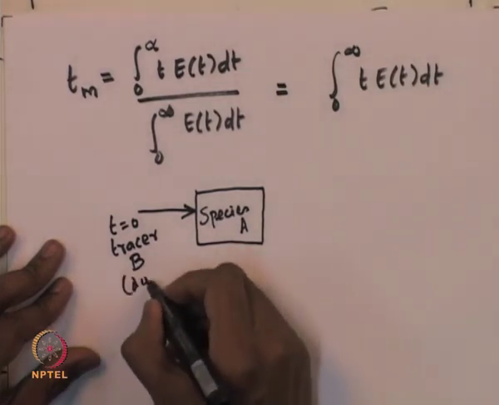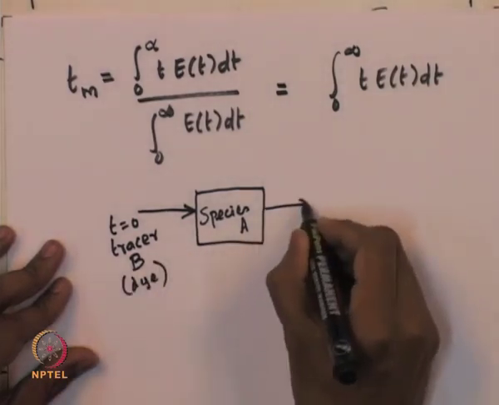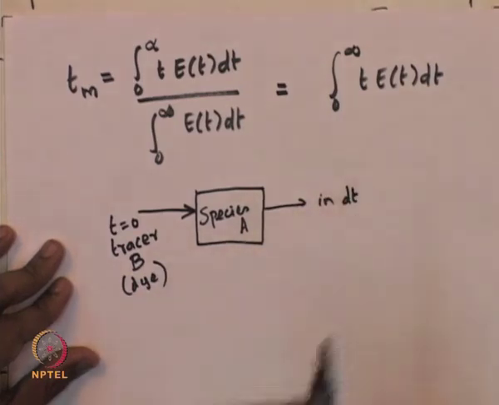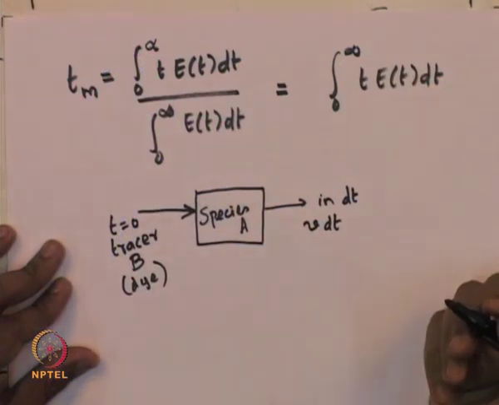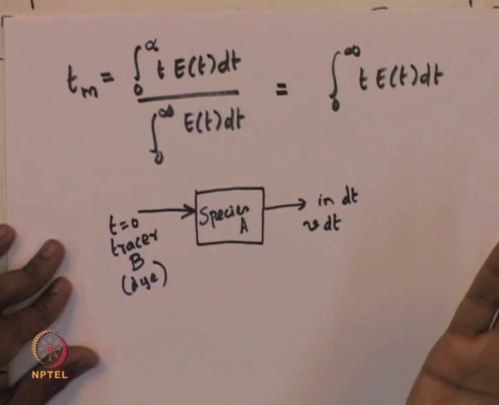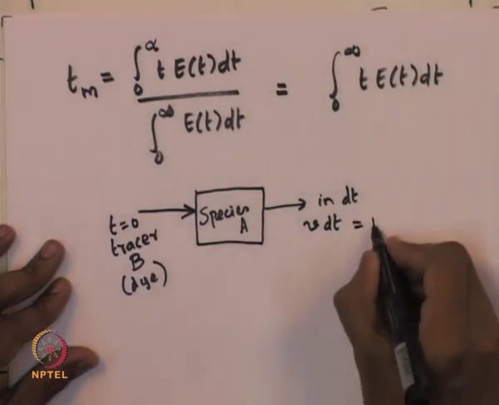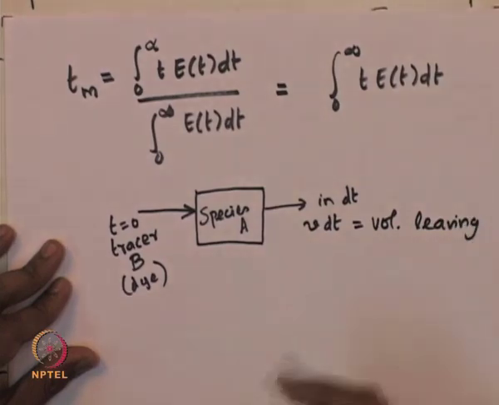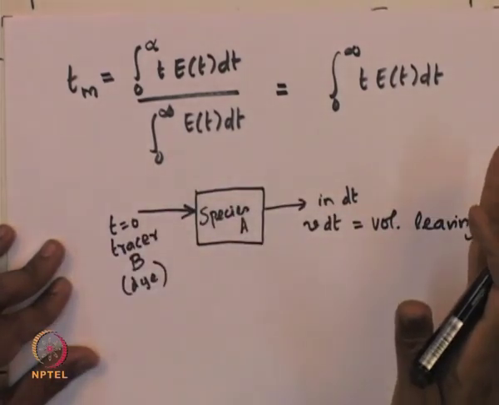The amount of tracer leaving the reactor in a time delta t, whose age lies in that interval, is given by v times dt, where v is the volumetric flow rate with which the fluid leaves the reactor, and that is the volume of the effluent stream leaving the reactor.